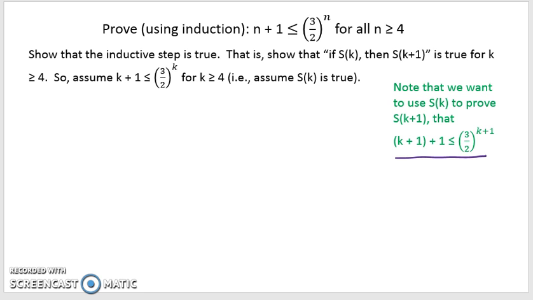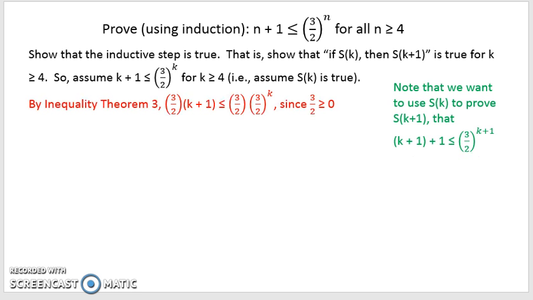Okay, so let's work through this. We've assumed that S of k is true, so we can work with that. By Inequality Theorem 3, this is my thinking: I have 3 halves to the k, and I'd like to get 3 halves to the k plus 1. So let's multiply both sides of this inequality by 3 halves. We can do so. That's Inequality Theorem 3, the multiplicative property of inequalities.